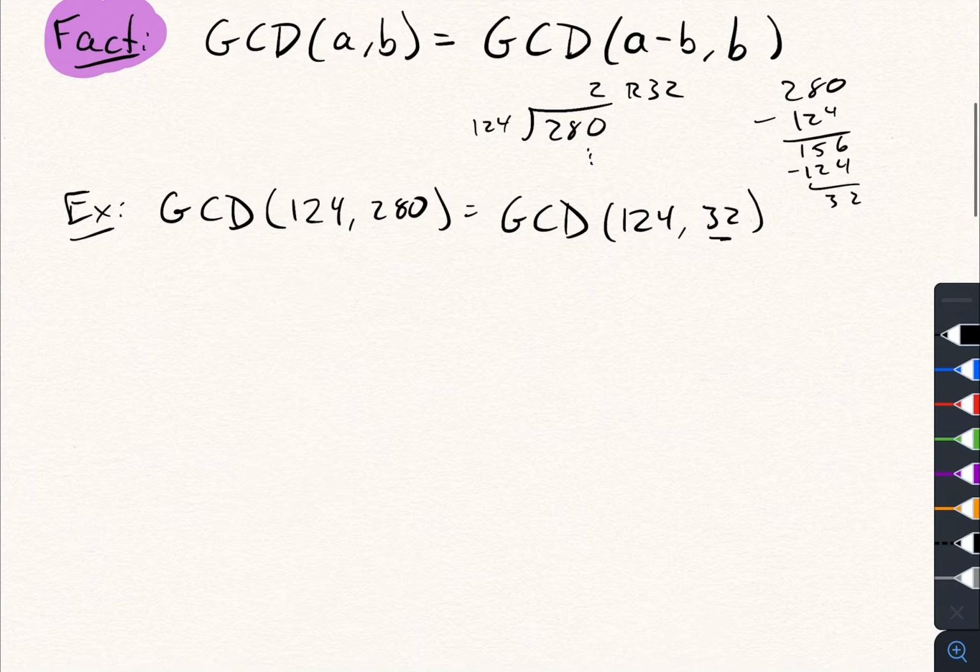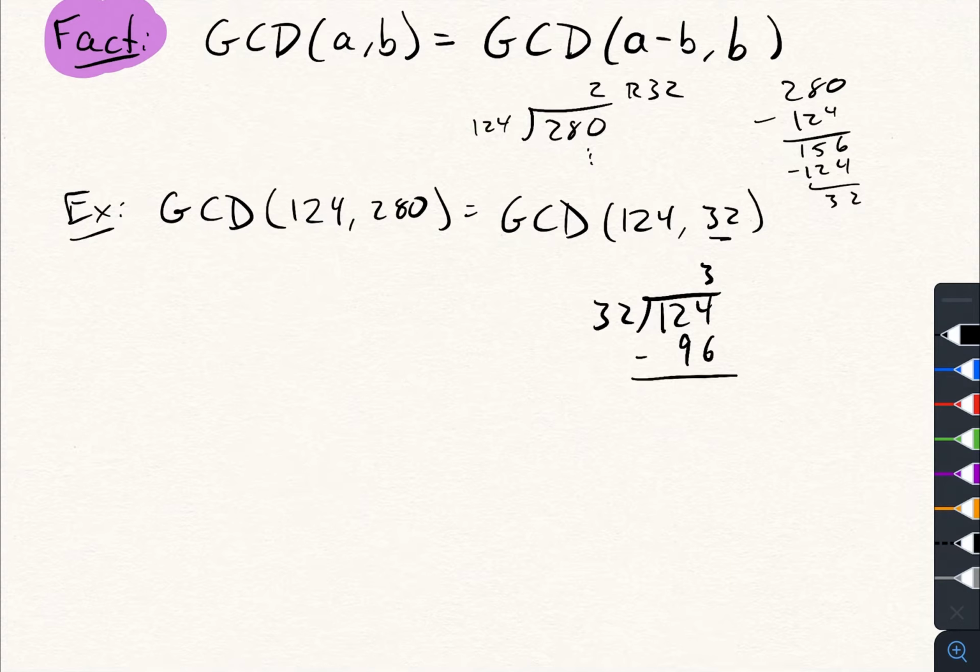Okay, let's do that again. 124 and 32, these are still pretty big numbers. Let's make 124 smaller by repeatedly subtracting 32. I think that goes in 3 times, so 96. So that'll be, let's see, 28.